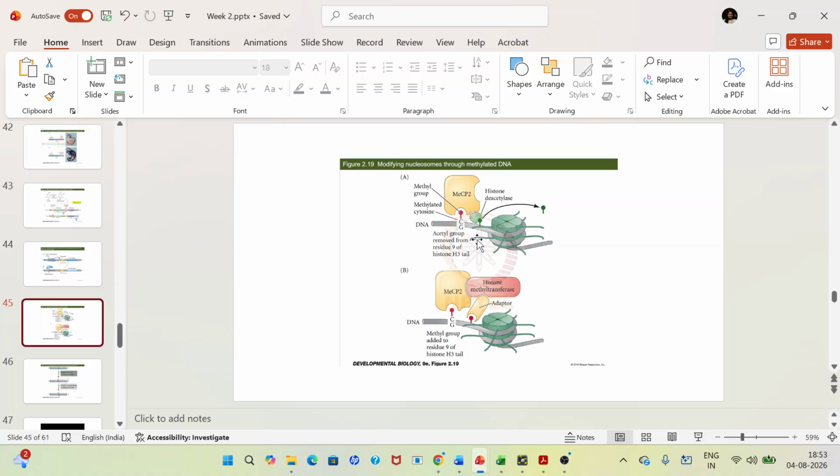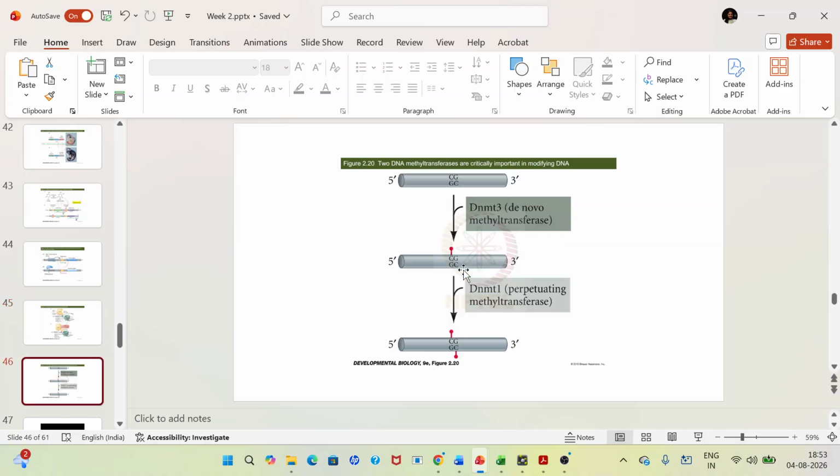So methylation of a CpG island is helping in regulation of the methylation or acetylation or deacetylation on the histone tail of a histone protein. So basically the H3 tail. This is what they have shown here.